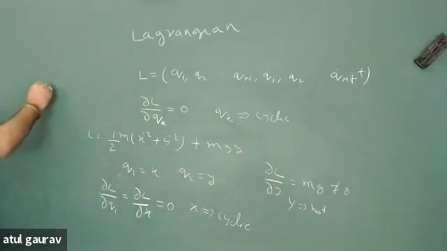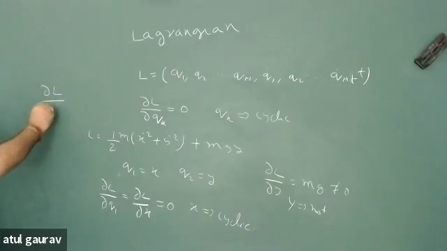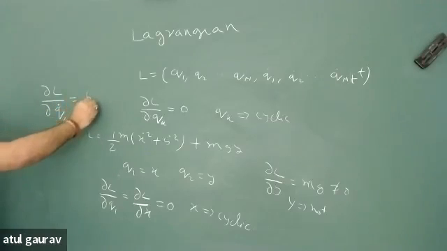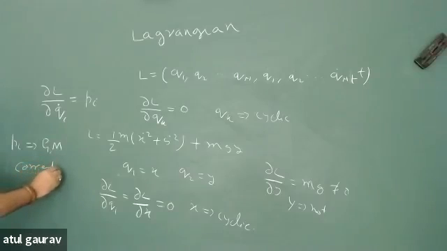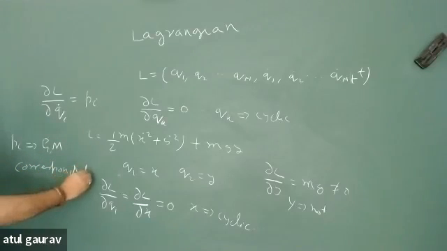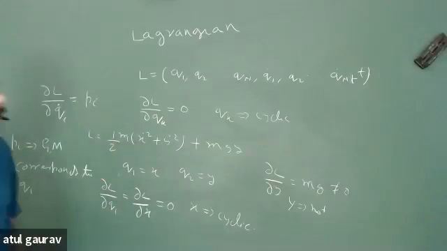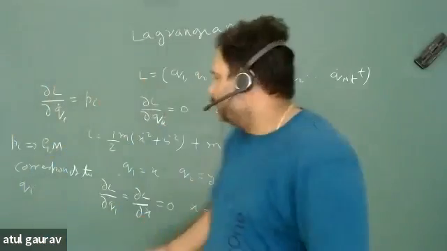So this will be del L upon del qi dot. This is our pi. So this pi is the generalized momentum corresponding to qi.